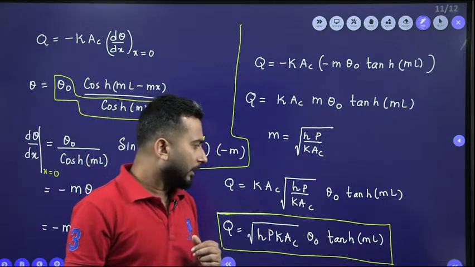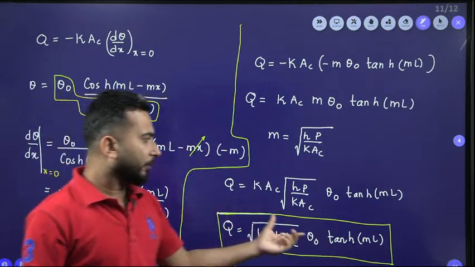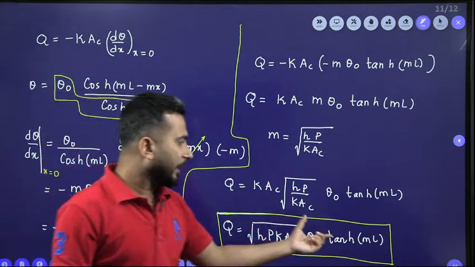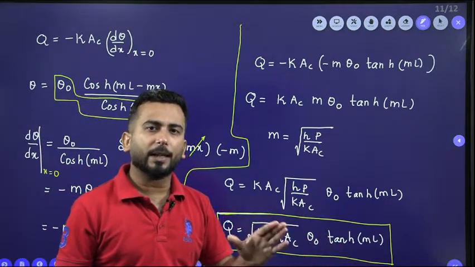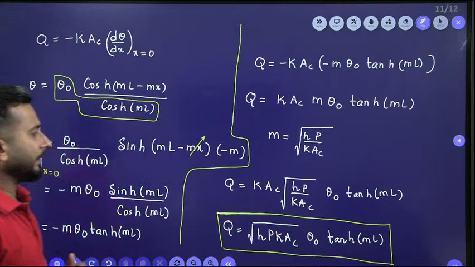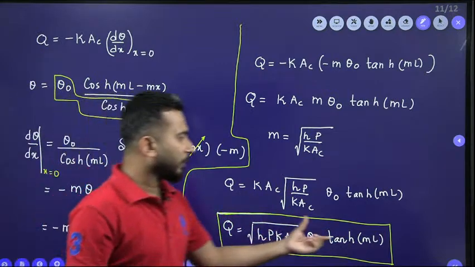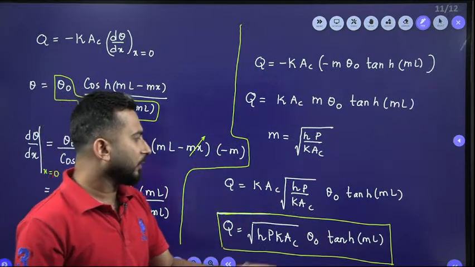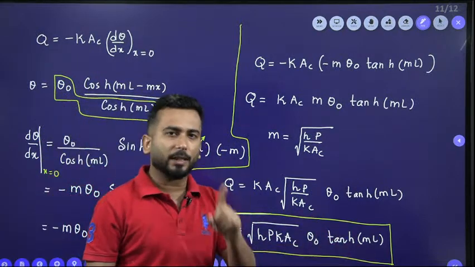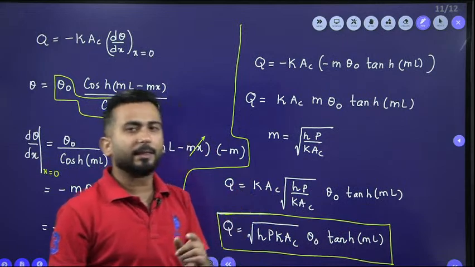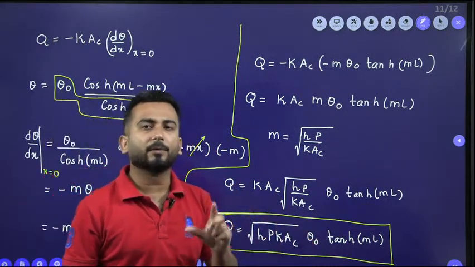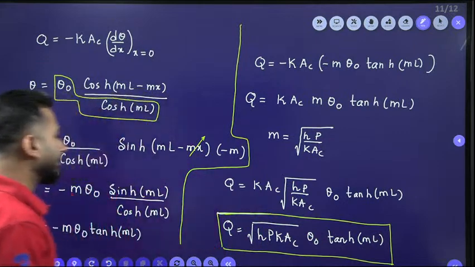So for a particular value of L, this value will come out to be 1. So we can draw conclusions from here that when L is some value, that means tan h ml is 1, then only we can say that this case will behave as the infinitely long fin case. Okay.